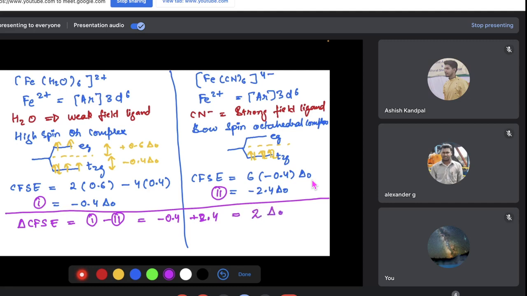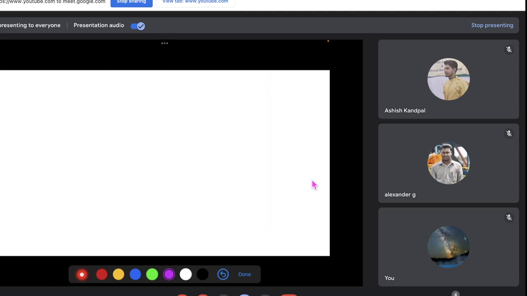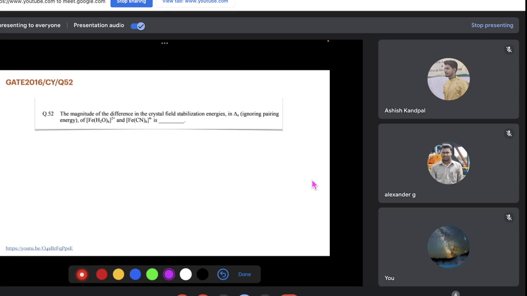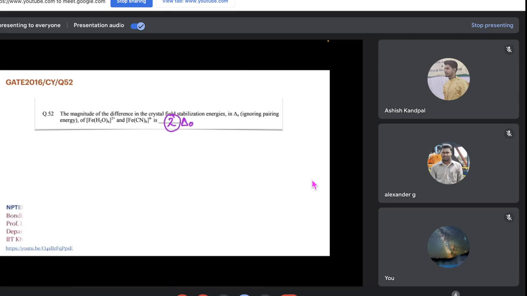You can take it 2 minus 1 also, because we are going to get the magnitude only, so I will be getting 2. So the magnitude of the difference in the CFSE in delta naught unit for each complex is 2, taking only the magnitude.